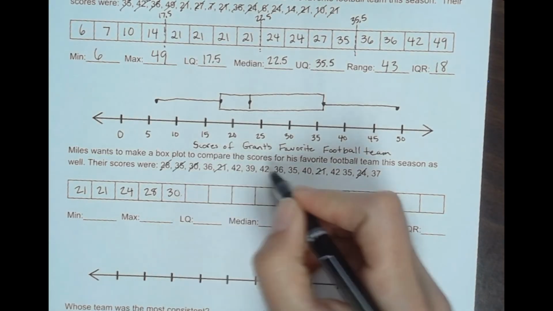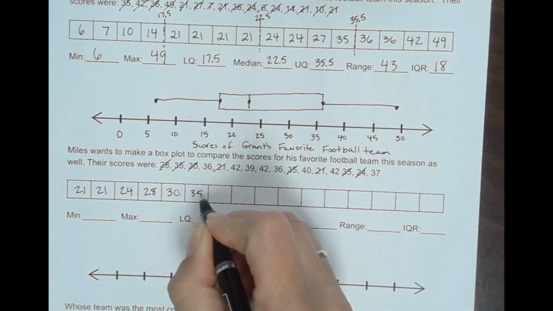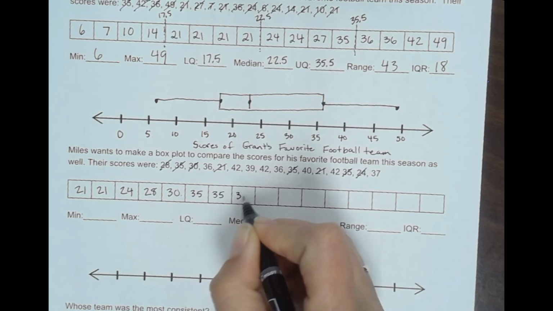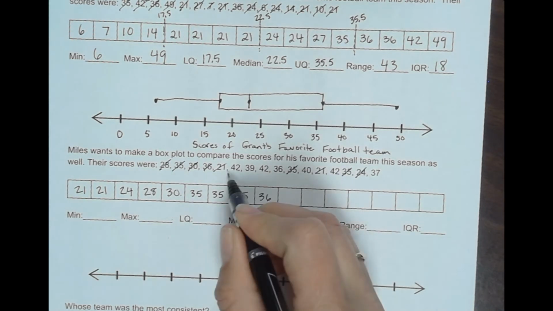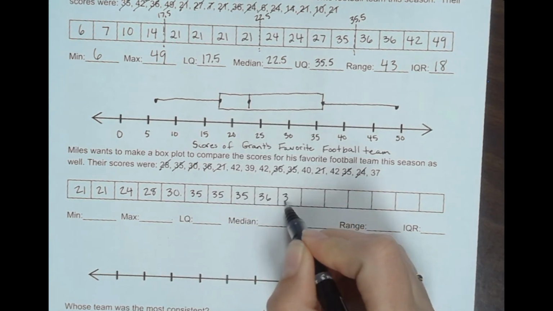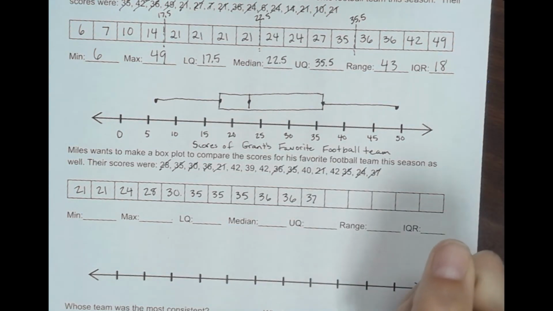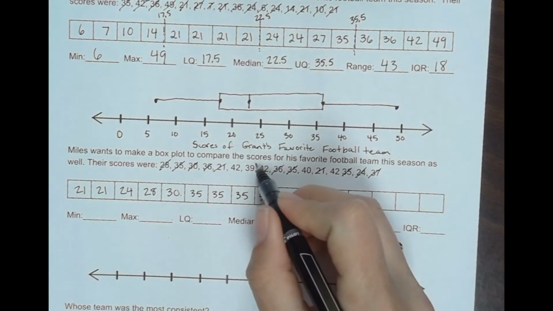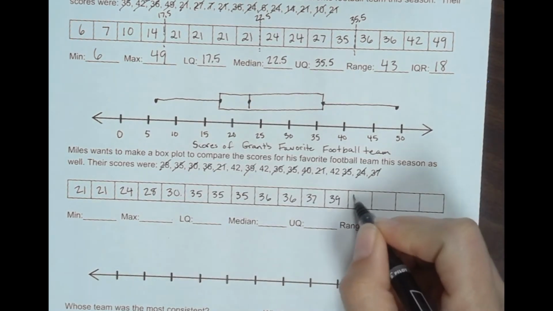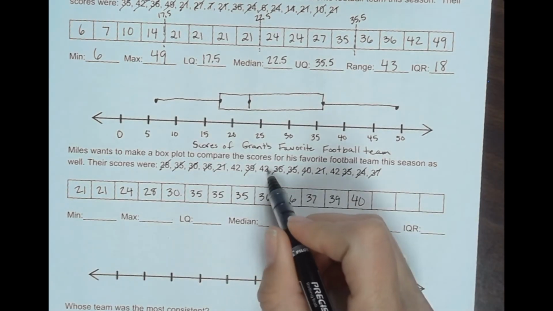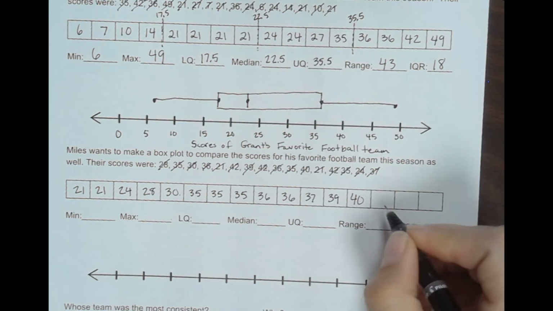So I see 1, 2, 3 35s. I see a 36. Another 36. 37. 38, no. 39, yes. See a 40. We have a 42, 1, 2, 3 42s. That looks like all of our numbers.